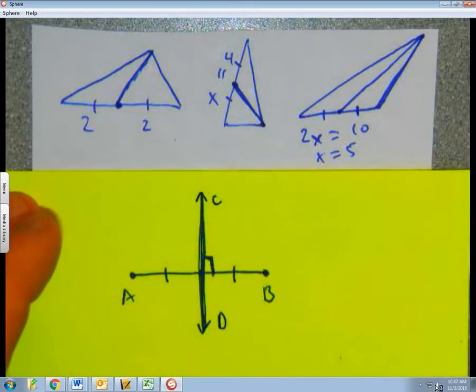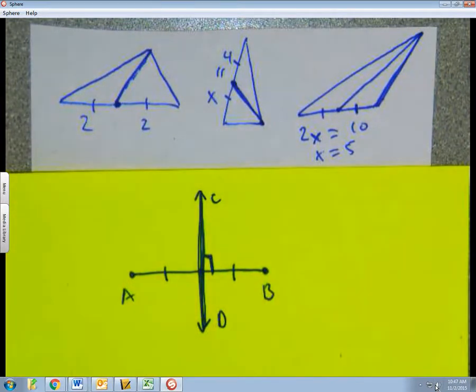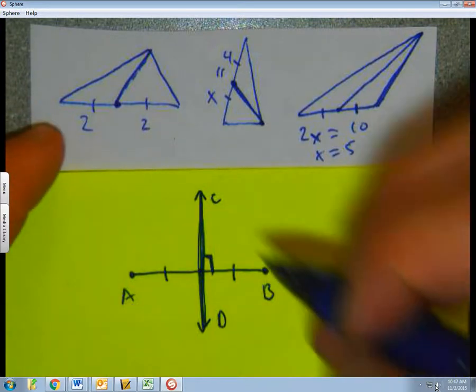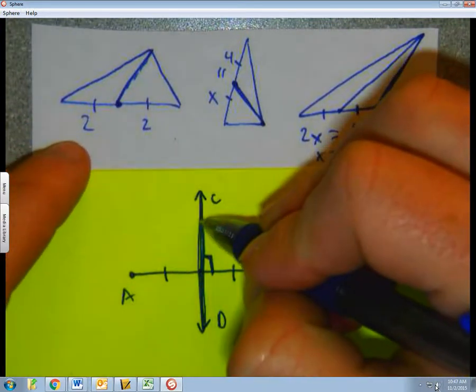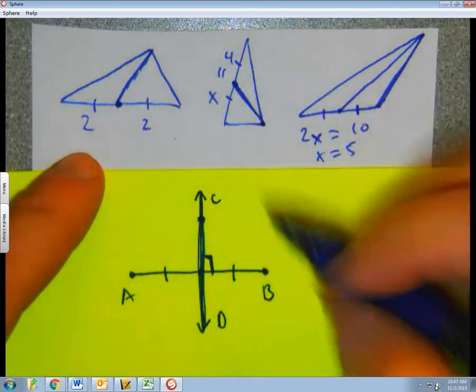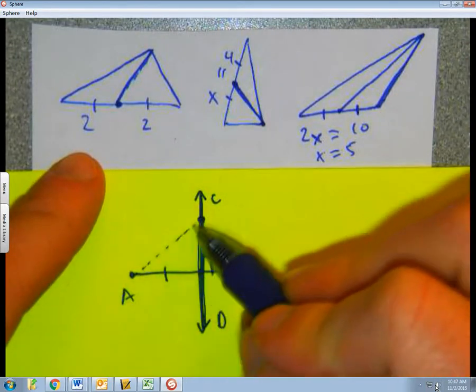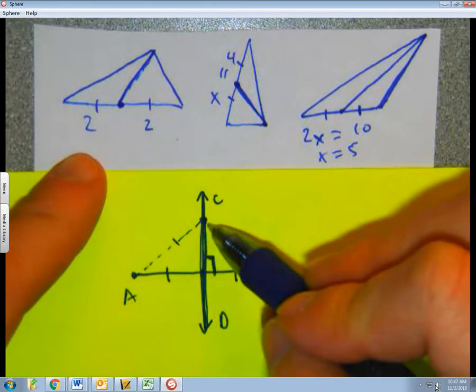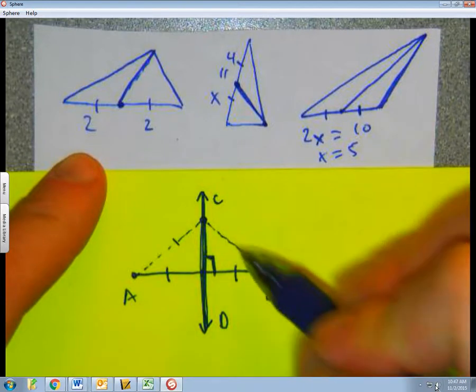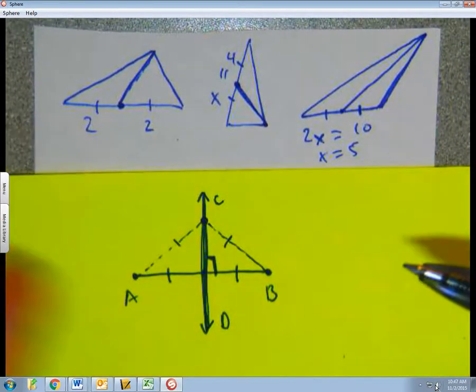Okay, so a couple of things. If there's a point here, that means that this segment is going to be the same as this segment, if it's a true perpendicular bisector. Same thing up here.